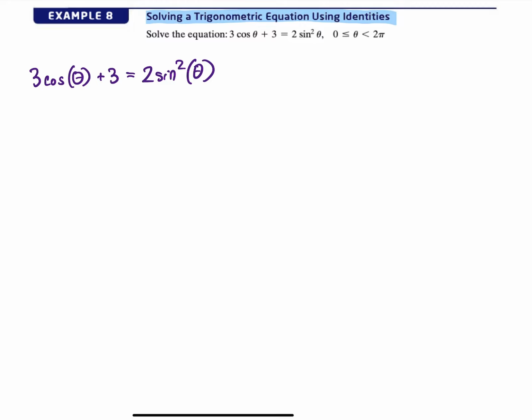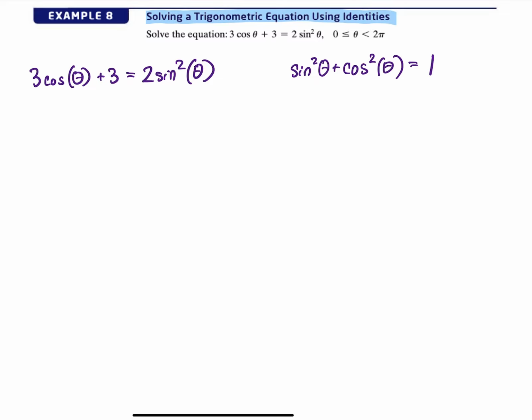So I see the sine squared, and recall we had that Pythagorean identity, sine squared of theta plus cosine squared of theta equals 1. And we defined that back when we were building the unit circle.